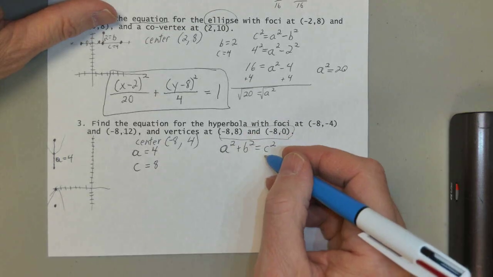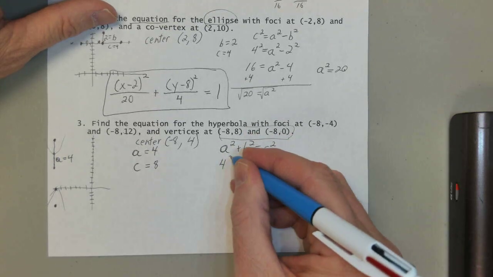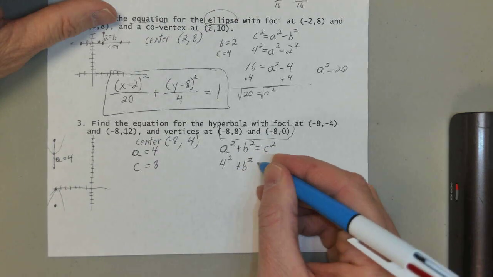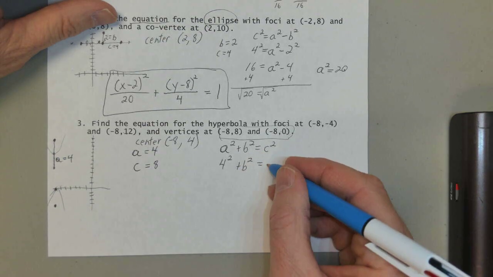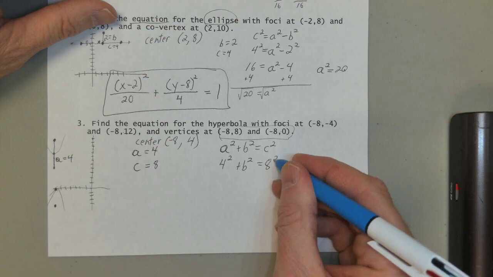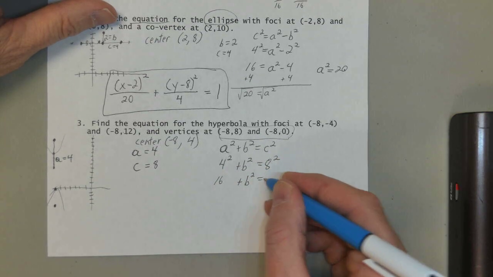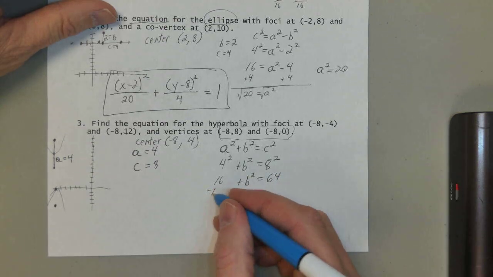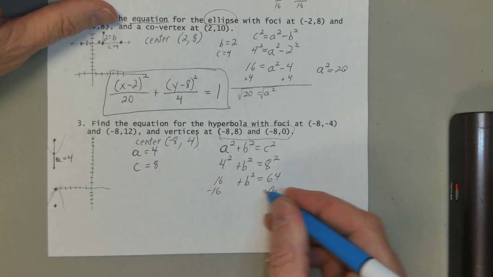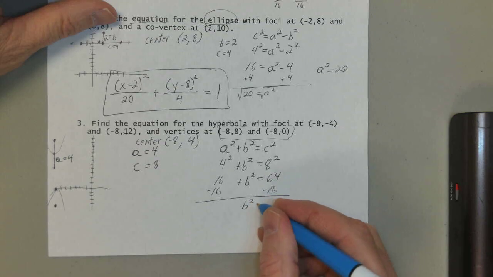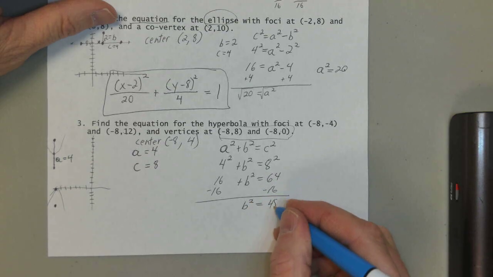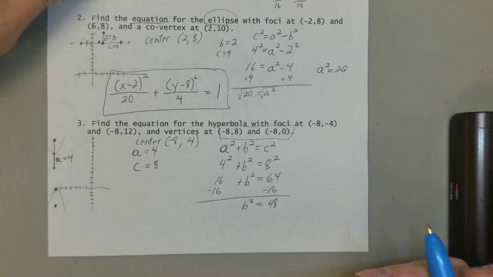So 4 squared plus b squared equals 8 squared. 16 plus b squared equals 64. B squared is 48.